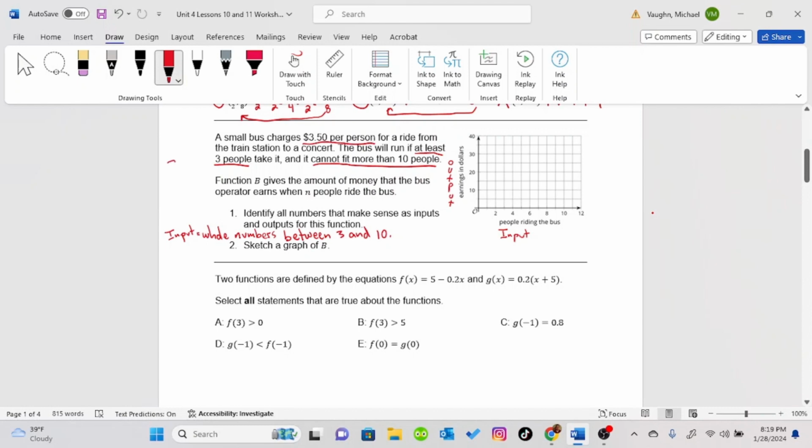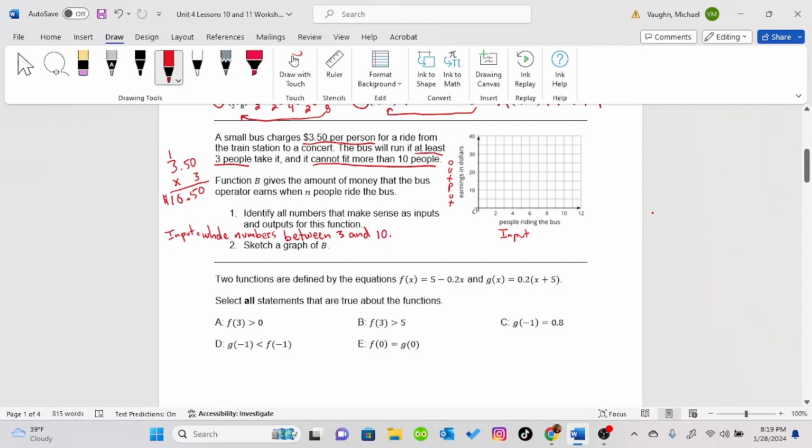So the smallest amount that could be charged is $3.50 times 3. 3 times 0 is 0. 3 times 5 is 15. Carry the 1. Bring down the decimal. 3 times 3 is 9. Plus 1 is 10. So the smallest amount that could be charged is $10.50.